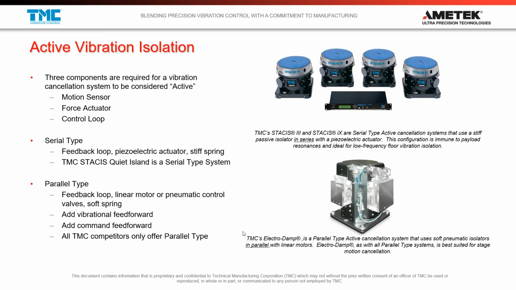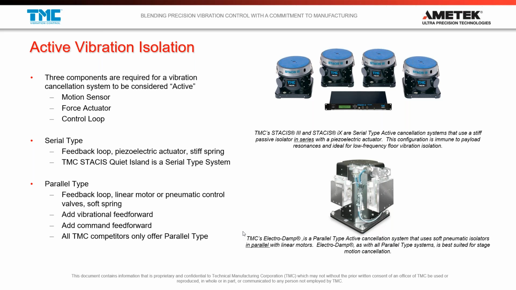We have 2 types of active cancellation systems. Once you start getting these components, these sensors and these actuators and these control loops all together, you can start putting them together in different ways. And there's really 2 ways that I want to focus on in this presentation. You have a serial type active control system, and you have a parallel type active control system. TMC makes both.